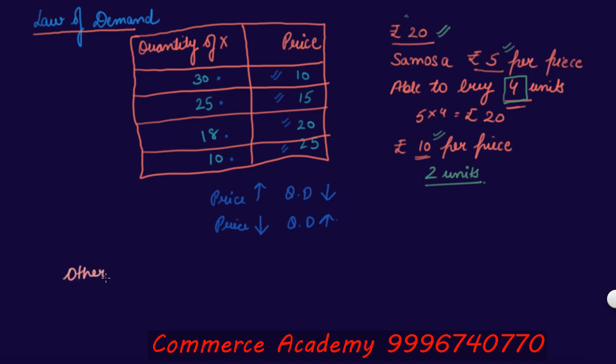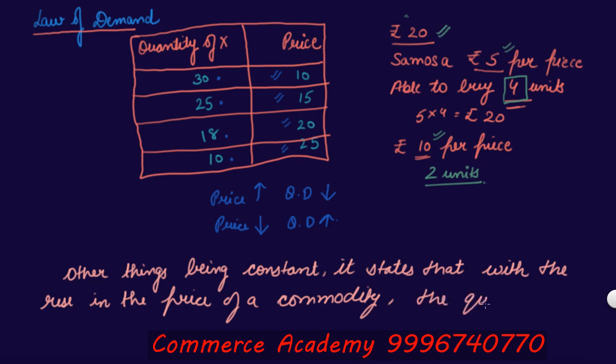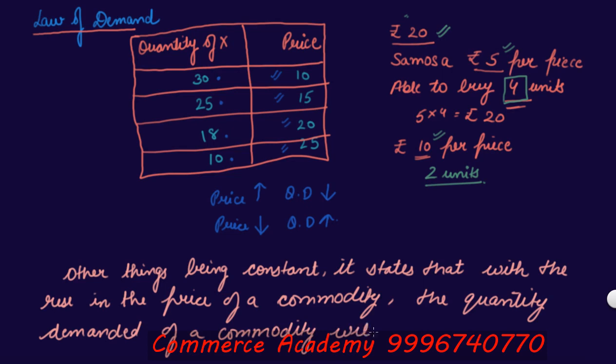Other things being constant, law of demand states that with the rise in the price of a commodity, the quantity demanded of a commodity will fall, or vice versa.